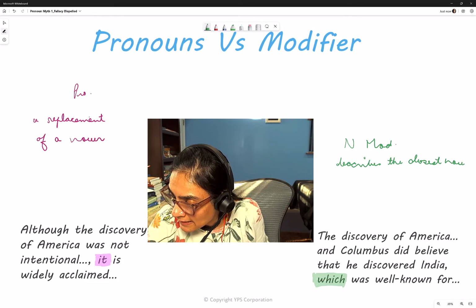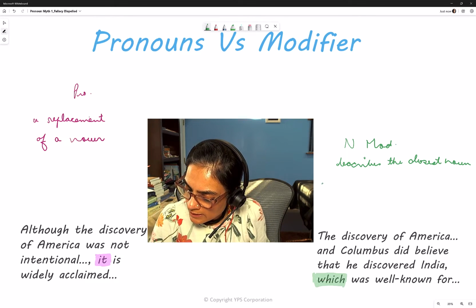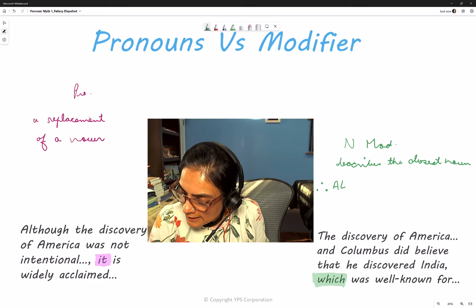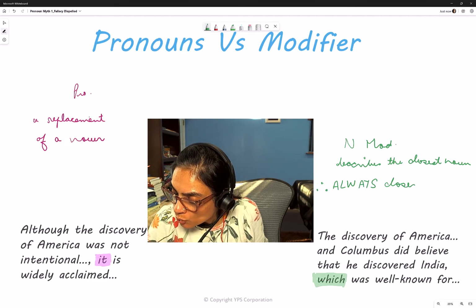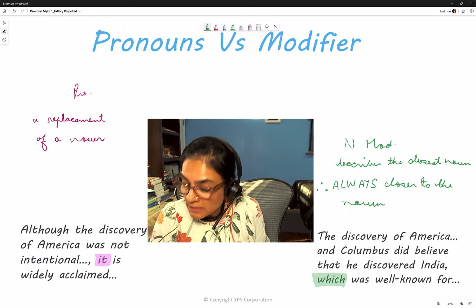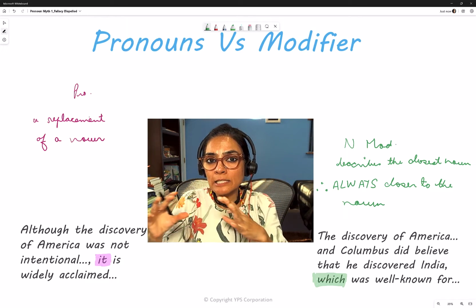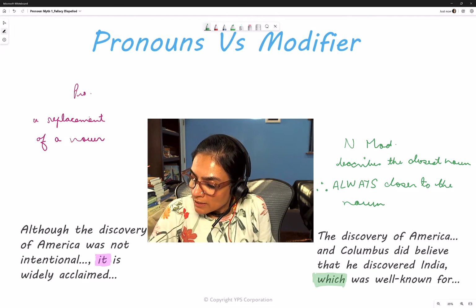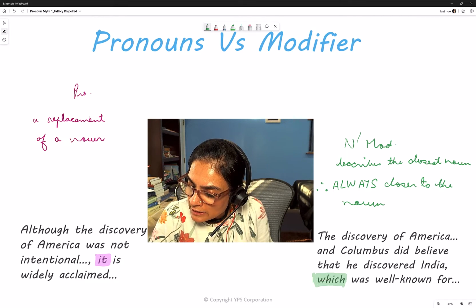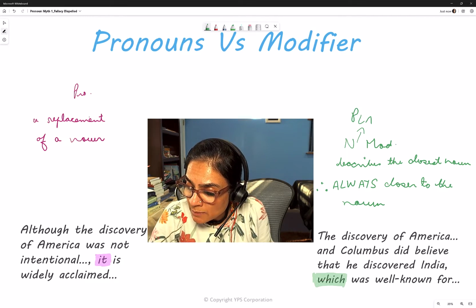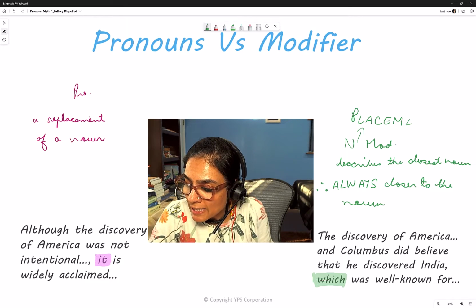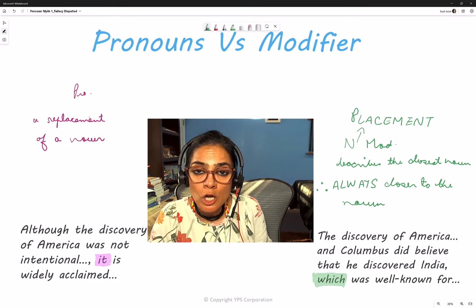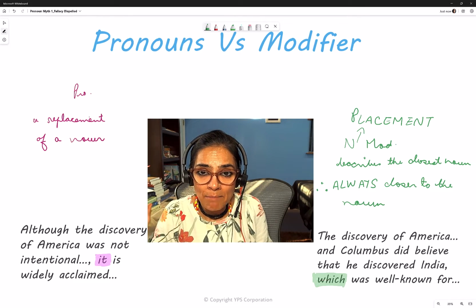And because it describes a particular noun in the sentence, therefore, it is always placed closer to the entity that it describes, because it is only logical to write the description next to the entity that is being described. So here we see that in case of the noun modifier, the placement of the modifier plays a very crucial role to keep the sentence unambiguous.